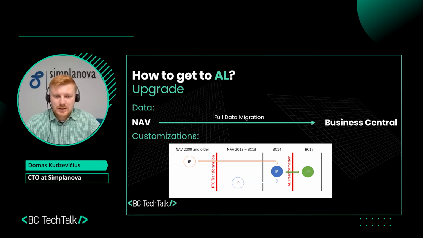I've shared a picture in the slide, a diagram, of how your customizations or IP have to move across the Business Central path to get your solution to BC17. In this path, you see I've marked in red the most critical and crucial parts in the upgrade, where the most effort is required to perform that.